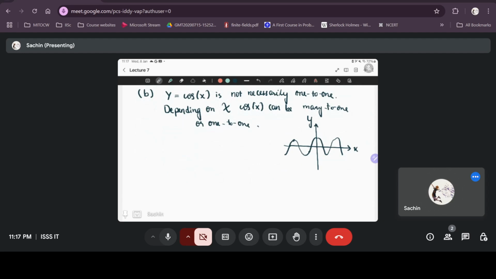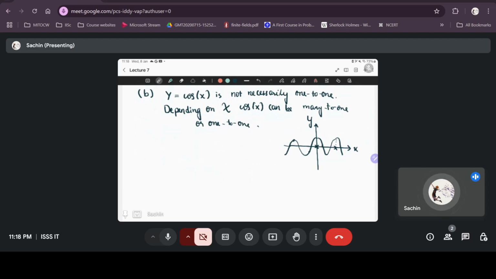So if x takes the value 0, that is, if 0 belongs to script x and 2 pi belongs to script x, then y for both cases will be 1. So there are two values that are going to 1.